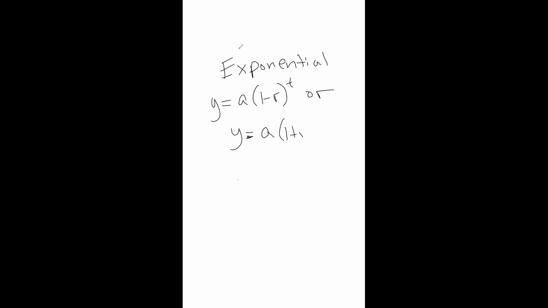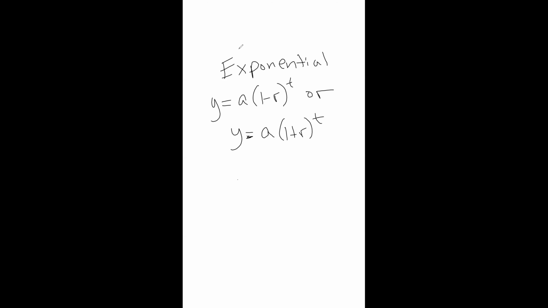All right, moving on to number 9, our word problem. When we have word problems like this, we're going to use the exponential formula. And we need to know, are we going to use y equals a(1 minus r) or are we going to use y equals a(1 plus r)?